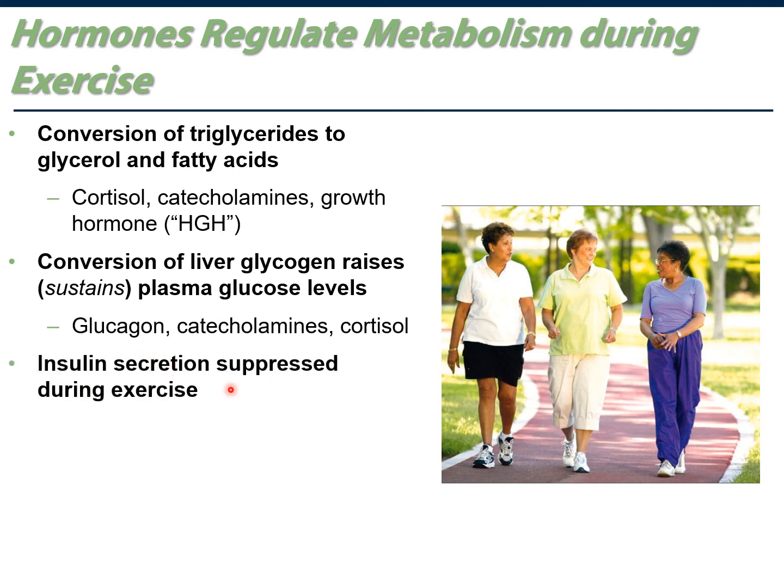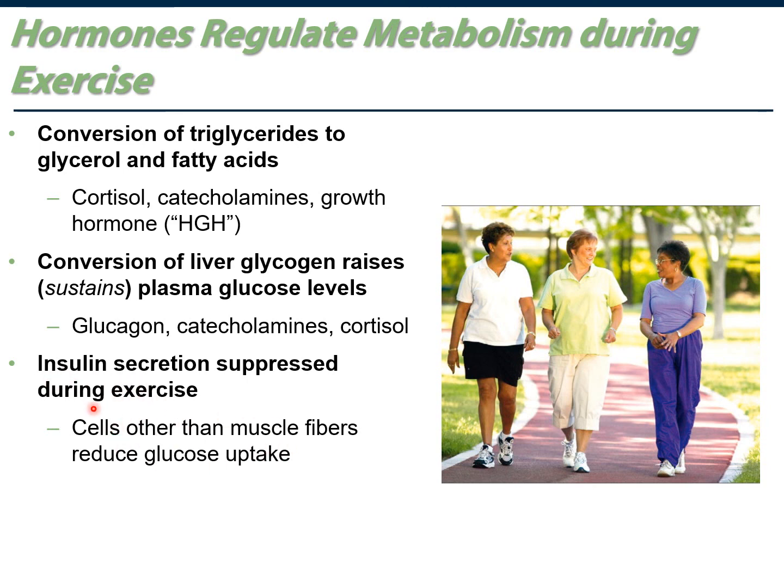Now, during exercise, we typically will suppress insulin, which on the surface seems problematic. We've got this glucose coming into our bloodstream. Well, how are we going to get it into the muscles? And we always know that insulin stimulates muscle absorption of glucose. Well, it turns out that we can reduce glucose uptake in some cells because there's no insulin there.